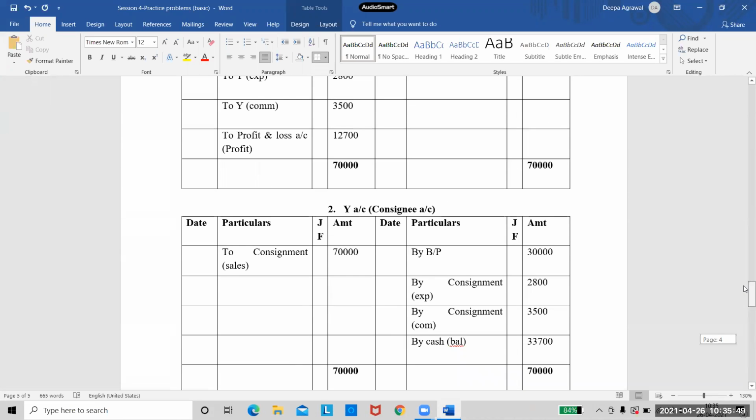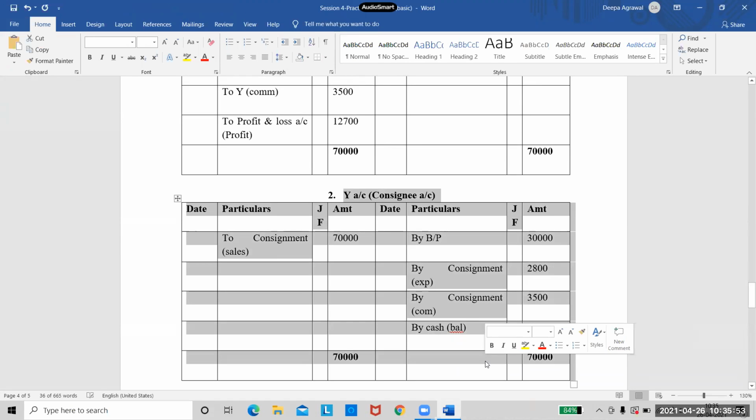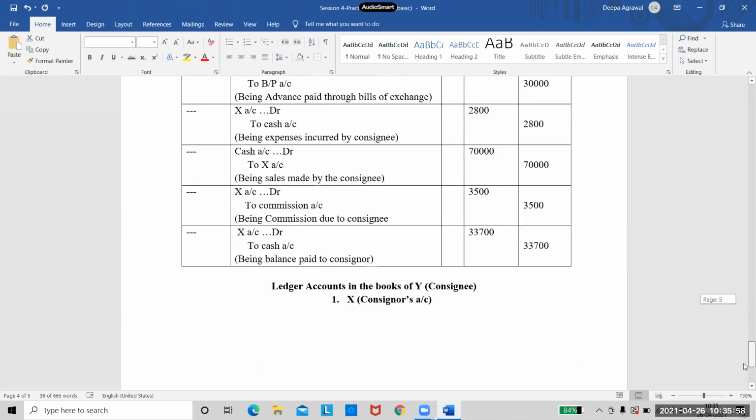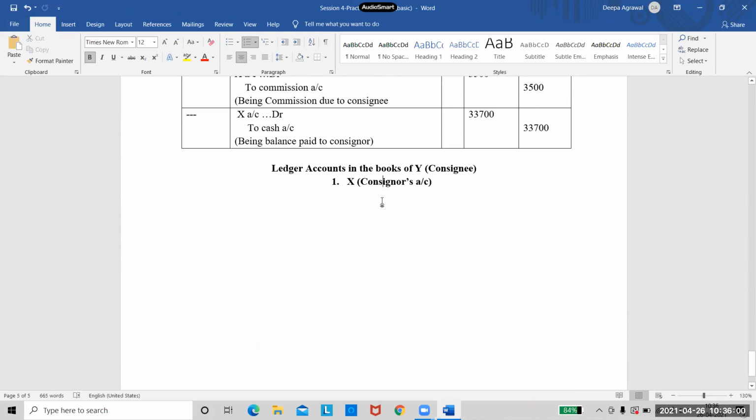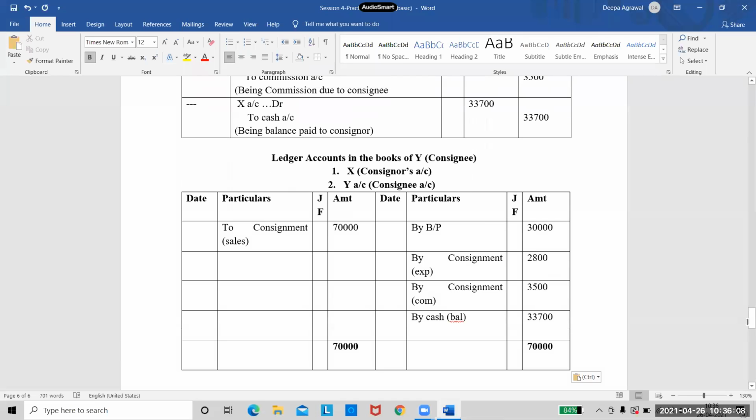Quickly draw the pro forma for ledger account. I can copy because I'm doing it on a system, but you cannot copy like that. You have to draw a new pro forma.